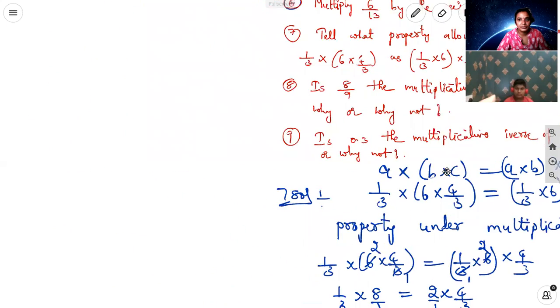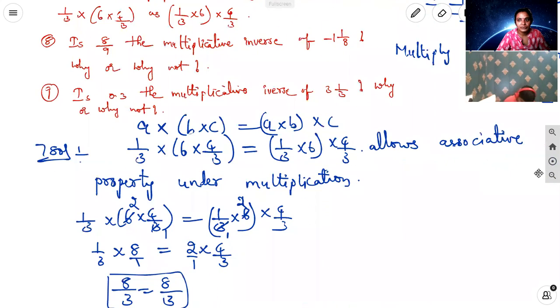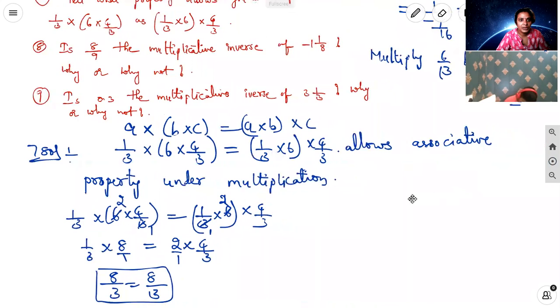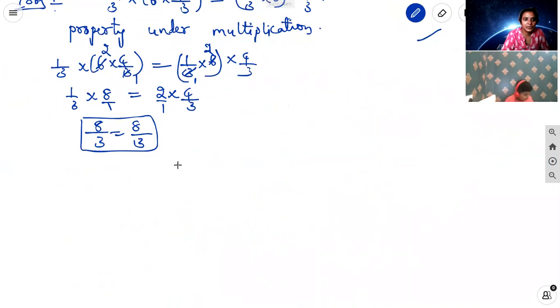Next. Here 8th question. Is 8 by 9 the multiplicative inverse of minus 1 into 1 by 8? Eighth solution.